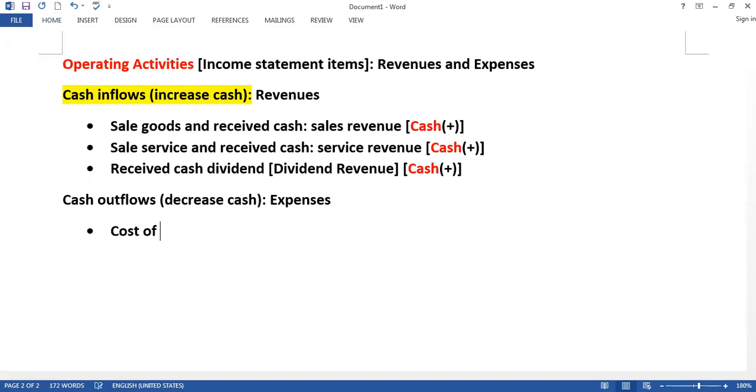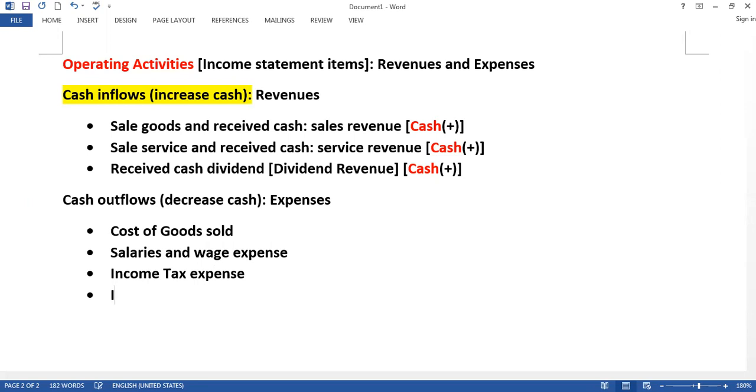Cost of goods sold is our expense, right? Then salaries and wage expense. Then we have income tax expense.